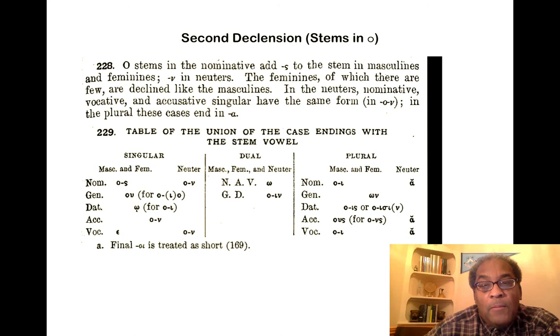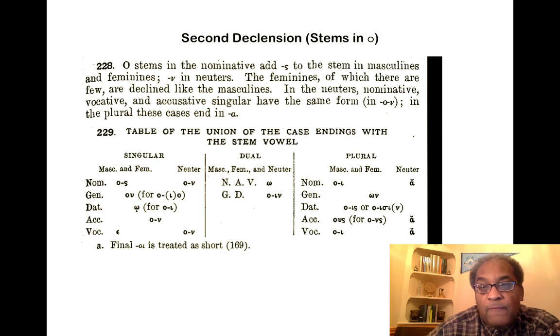Okay. The dual forms, you have omega in the nominative, accusative, and vocative, and omicron iota nu in the genitive and dative. I would not burden yourself memorizing those at this stage. We'll see them as we start to read Homer.